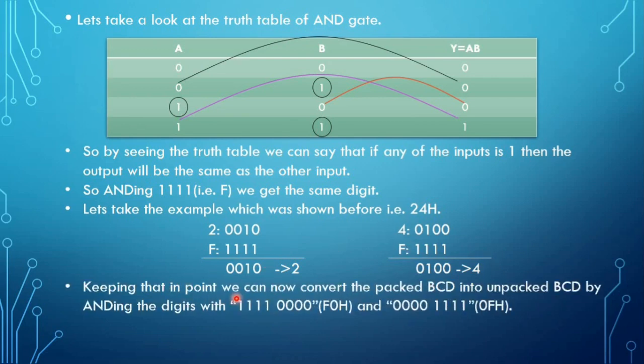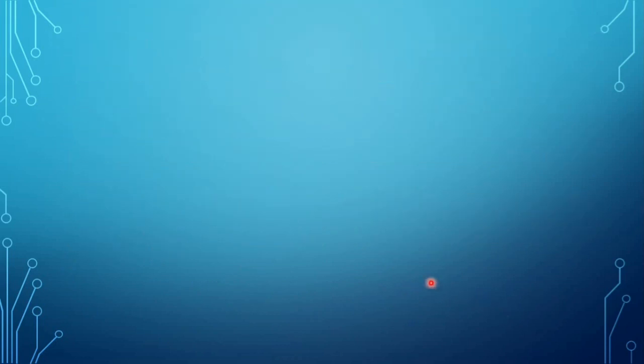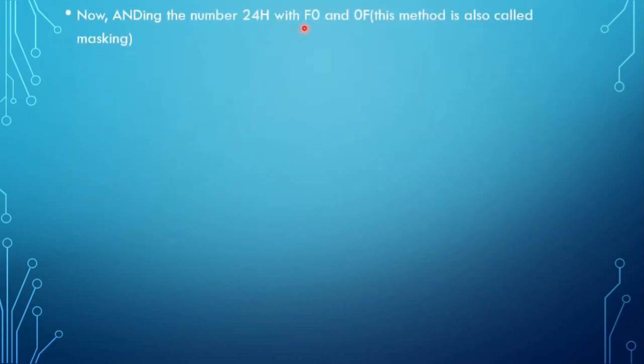Keeping that in mind, we can now convert the packed BCD into unpacked BCD by ANDing the digits with 11110000, that is nothing but F0H, and 00001111, that is nothing but 0FH. Now ANDing the number 24H with F0 and 0F.